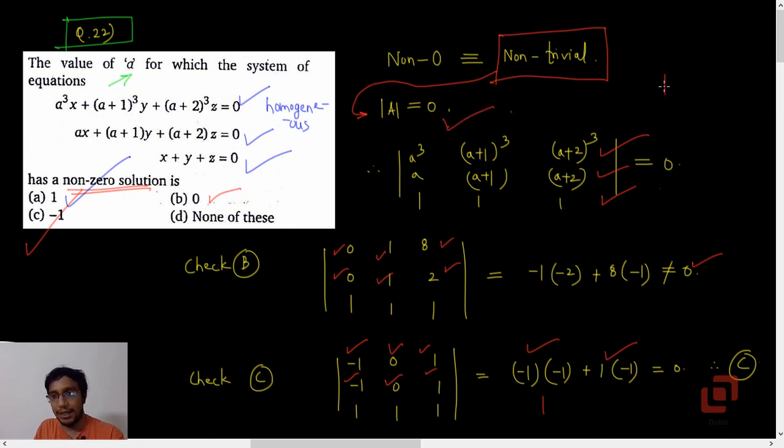So I leave that to you. You can use the method of reduction to arrive at that conclusion. Basically, what you need is two linearly independent equations and one equation which is a linear combination of them. That is the condition for existence of non-trivial solutions. So that is 22.